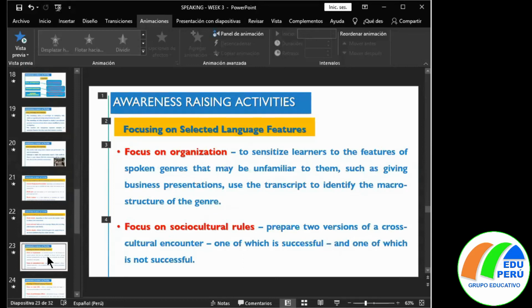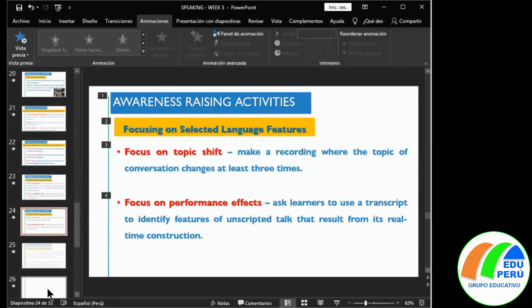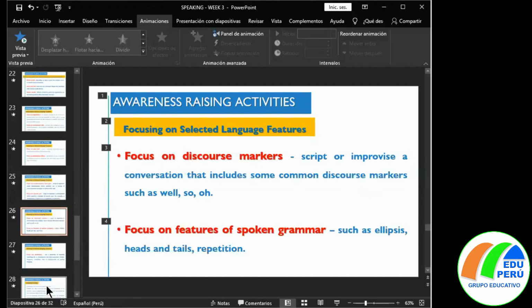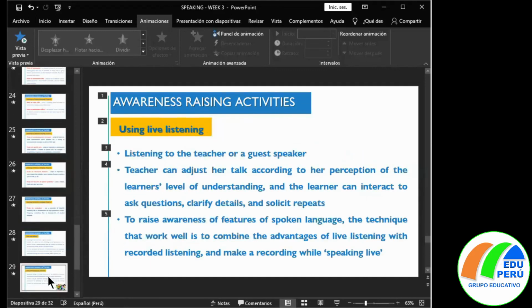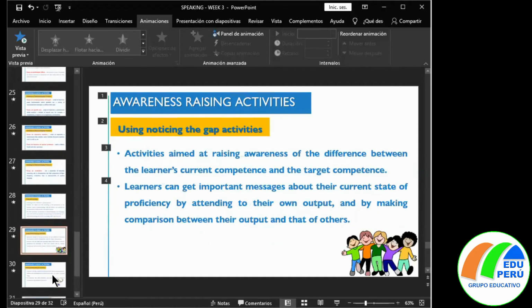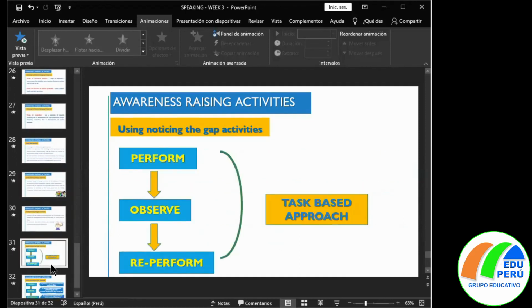We can focus on selected language features such as organization, sociocultural rules, topic shift, performance effects, discourse markers, features of spoken grammar. So we have seen a lot. And also we talked about live listening, and finally noticing gap activities.